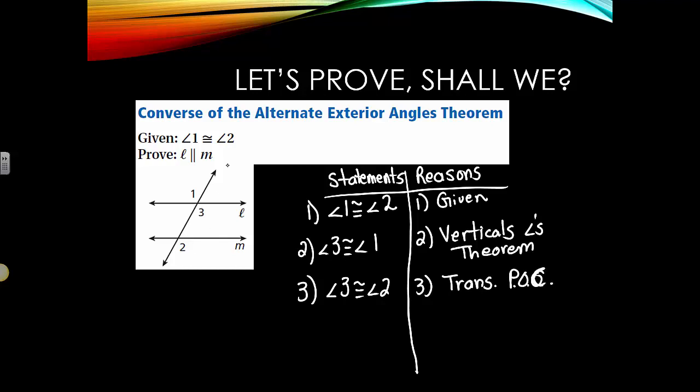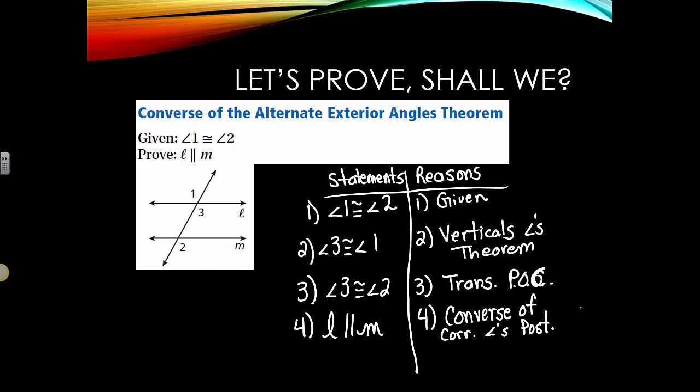They happen to be corresponding angles. So then I can say that means that line L is parallel to M by the converse of the corresponding angles postulate, which says if the corresponding angles are congruent, then the lines are parallel.